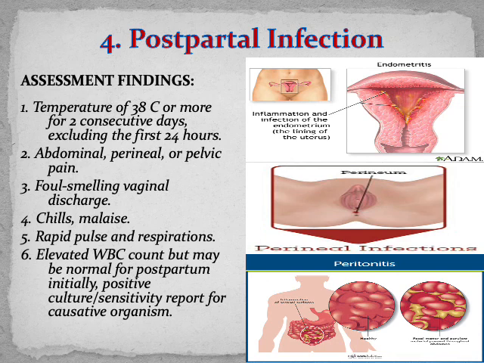So, exclude that finding. Of course, pinaka-definitive determine ka ng positive culture or sensitivity test, meaning doon sa mga discharges na lumalabas ay nag-check ka nung mismong causative organism na nag-cause ng infection.